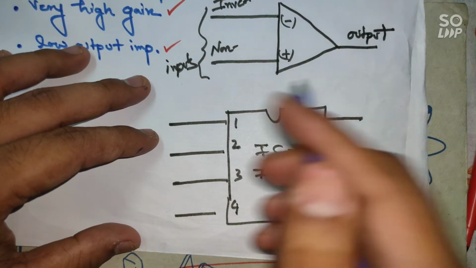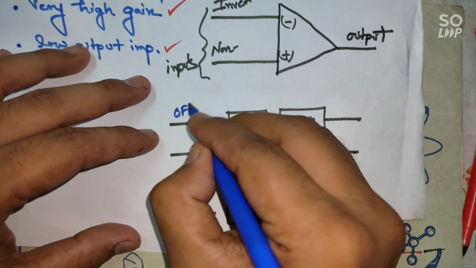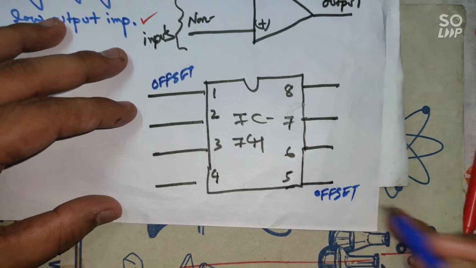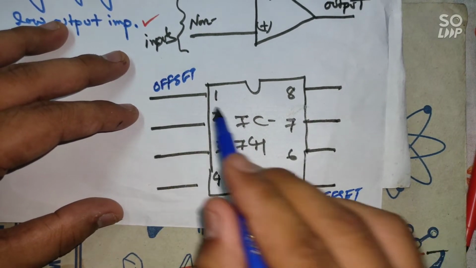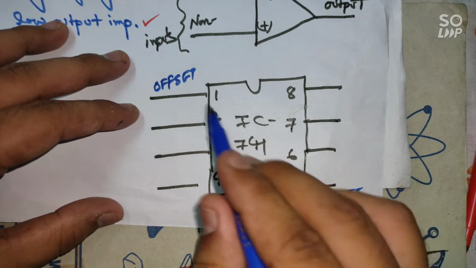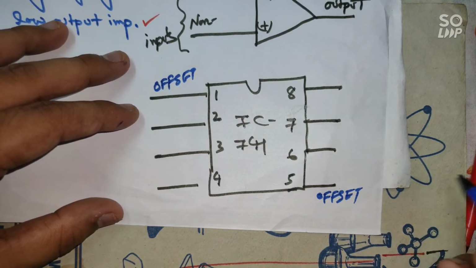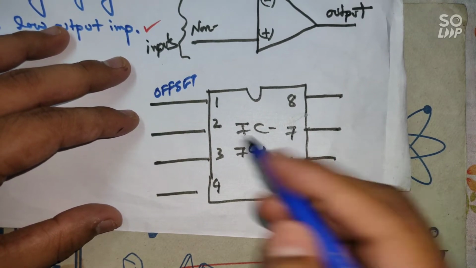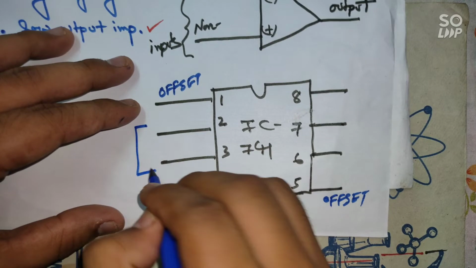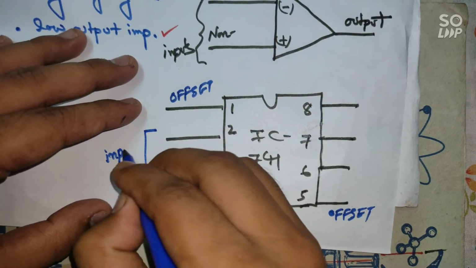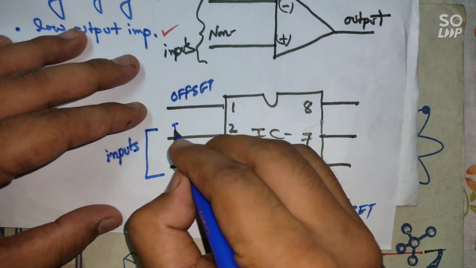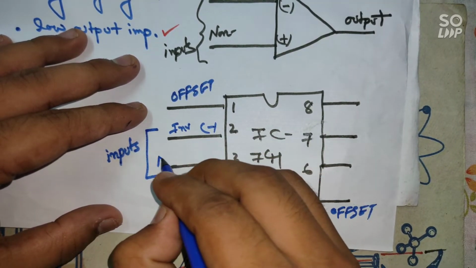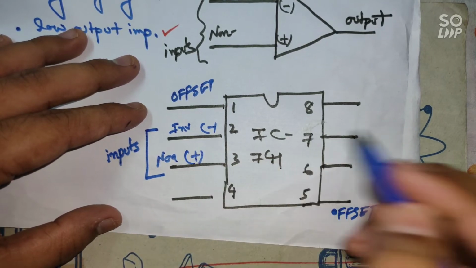Pin number 1 and pin number 5 are for offset null adjustment. These two pins, 1 and 5, diagonally, you can remember this is for offset null adjustment. Then pin numbers 2 and 3 are the input pins. Pin number 2 is the inverting pin, which is labeled with a minus sign, and pin 3 is the non-inverting pin, which is plus.